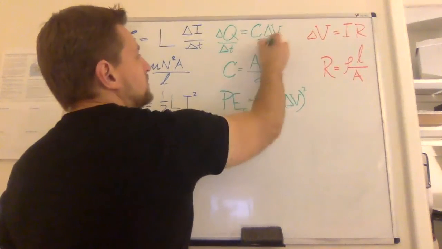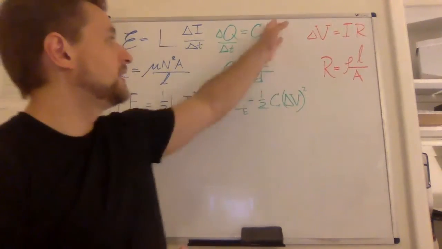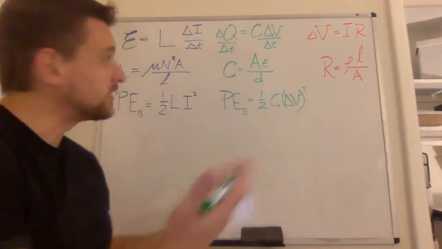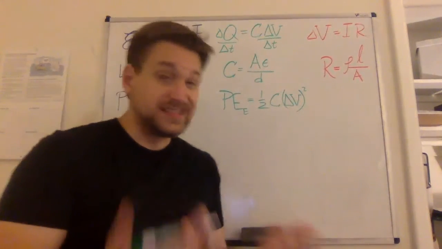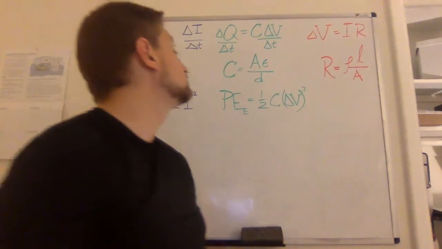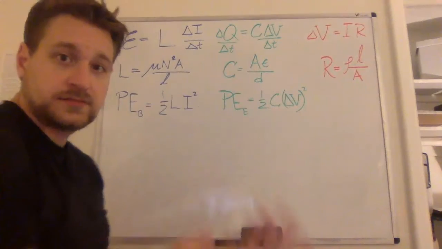Let's just divide both sides by delta T. How much Q per time, and then the right side per time as well. We can do that as long as we divide both sides of the equation and delta T isn't 0. But delta Q over delta T, that's current.